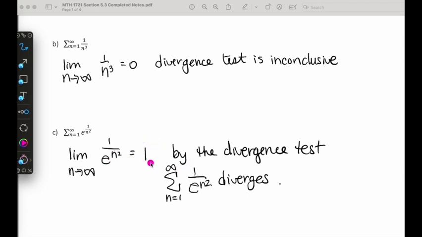So because this is something other than 0, we can say by the divergence test that this series diverges. So this divergence test is basically just telling us if it diverges or not. It doesn't give us any information if it converges. It's just giving us information on how to check to see if it diverges.